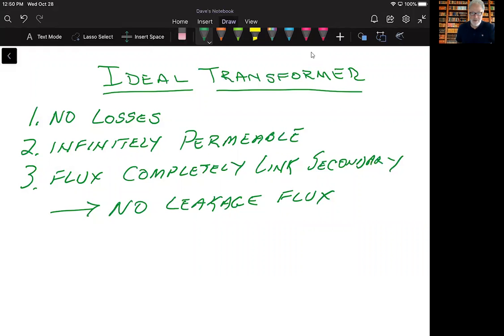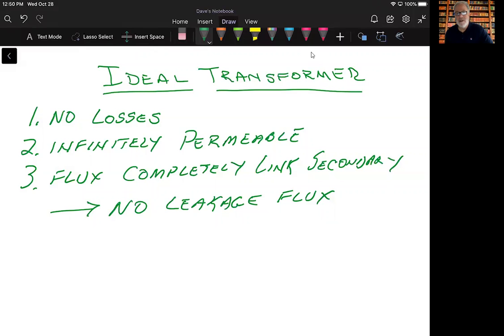We're also going to assume that it's something called infinitely permeable, which really means that we had this idea that at some point the ferromagnetic material that electrical machines are built around becomes saturated with flux, and we can increase current, but at some point it's saturated and it just cannot contain any more flux.